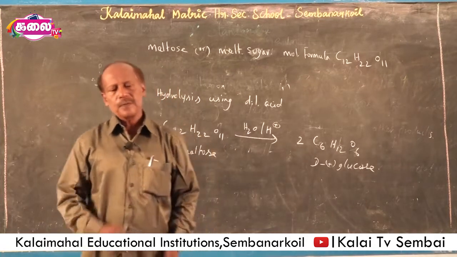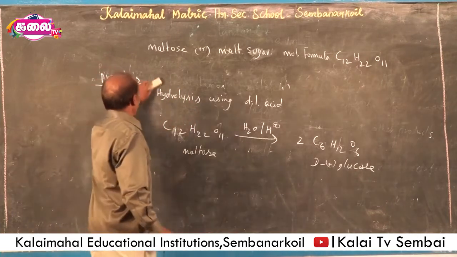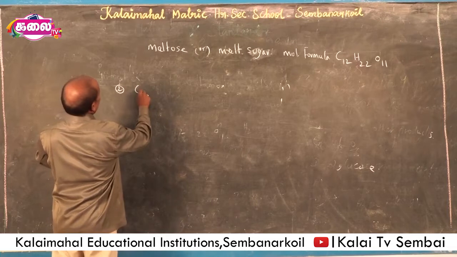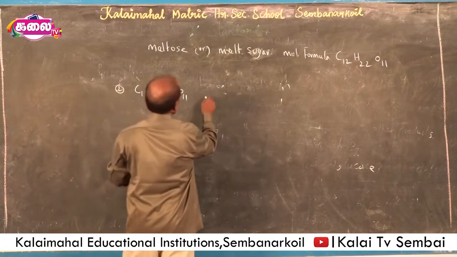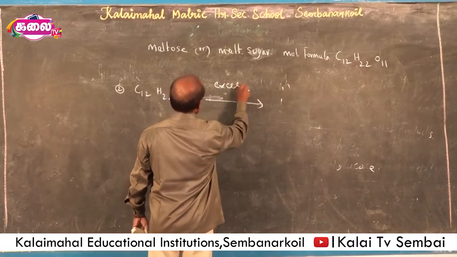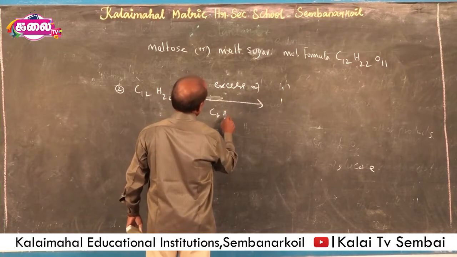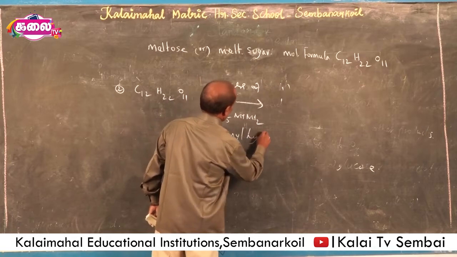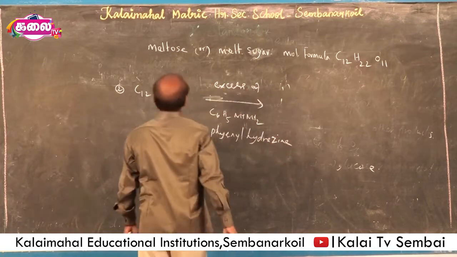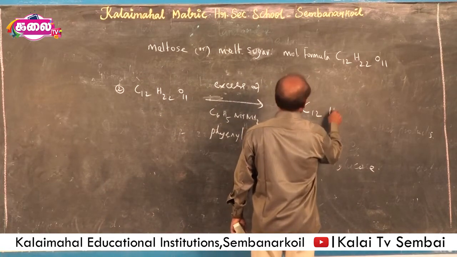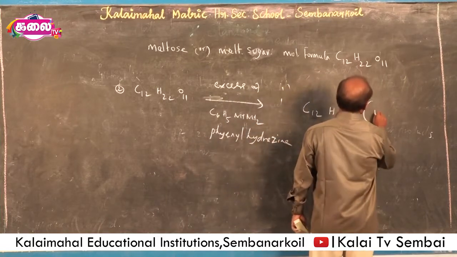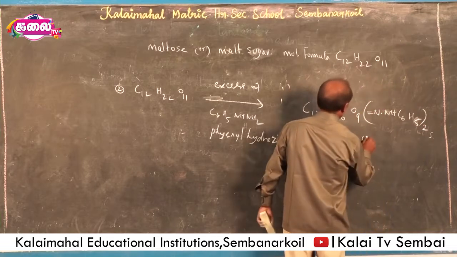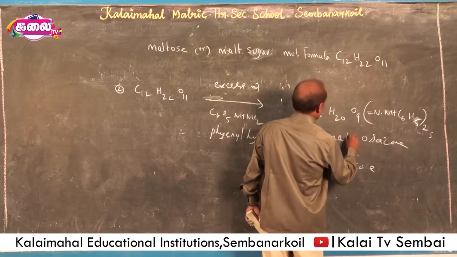Then the second one is maltose treated with phenylhydrazine. We get C12H20O9(N double bond N NH C6H5)2, called osazone, maltosazone.